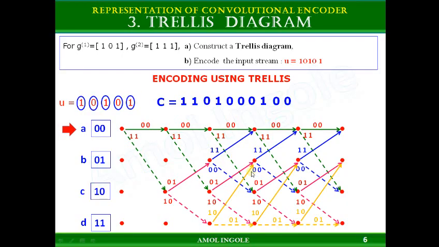And you should also show that trace on the trellis. This is how you can use a zigzag line over the trace to show the trace on the trellis. That will show you how these input bits are encoded and you get the output like this. Thank you very much.